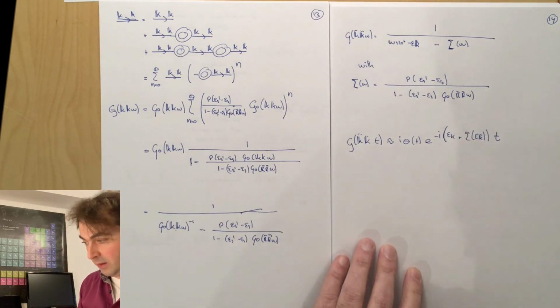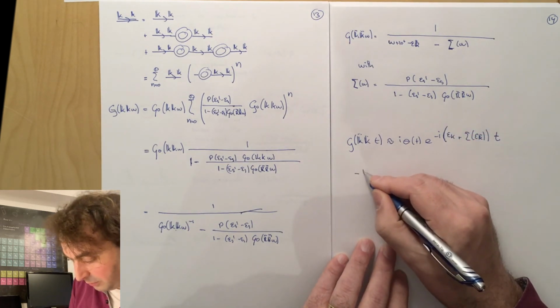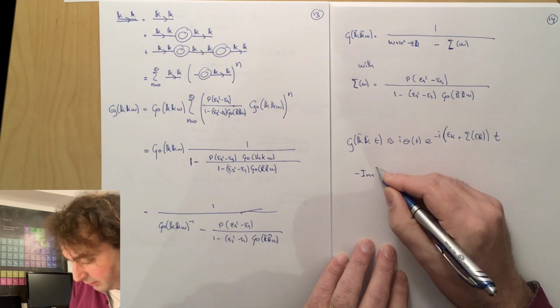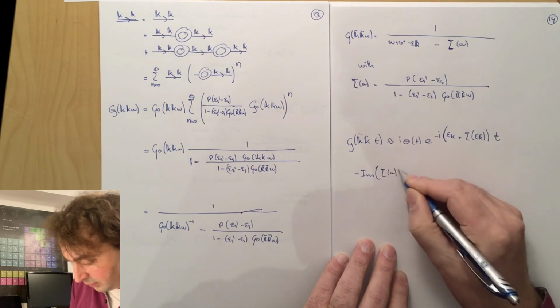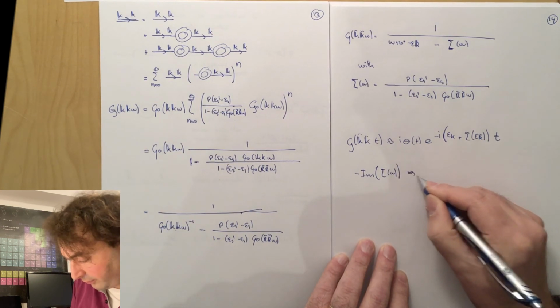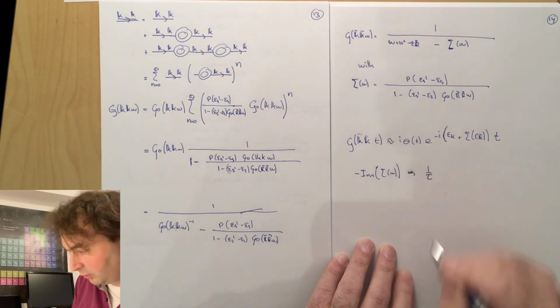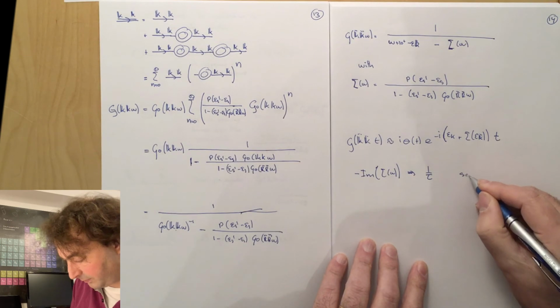And now you can see that the imaginary part, or better said, minus the imaginary part of the self-energy is equal to 1 over tau, your scattering time.